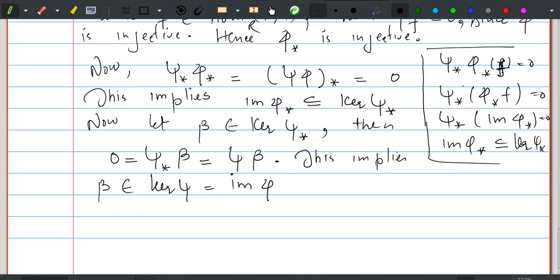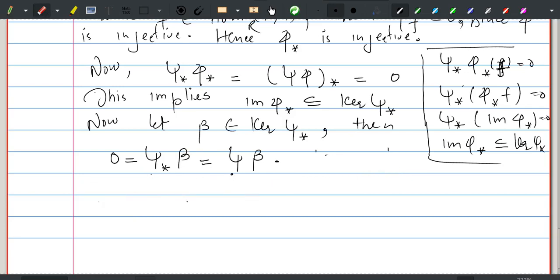Now let us pick, so we have this module D here, this is module A, module B, and module C. This is phi, this is psi.